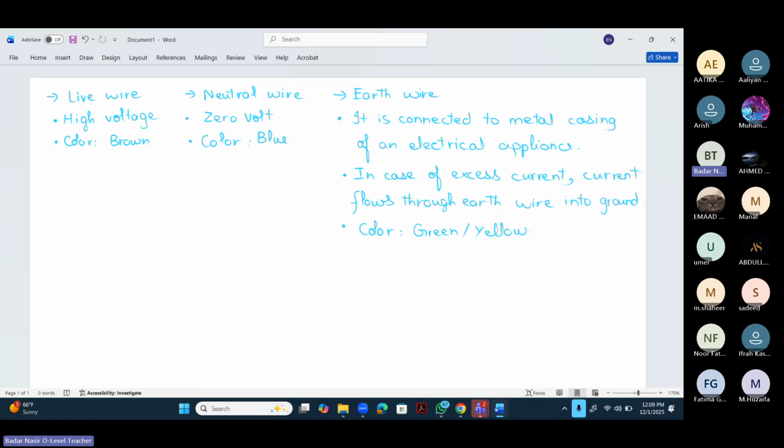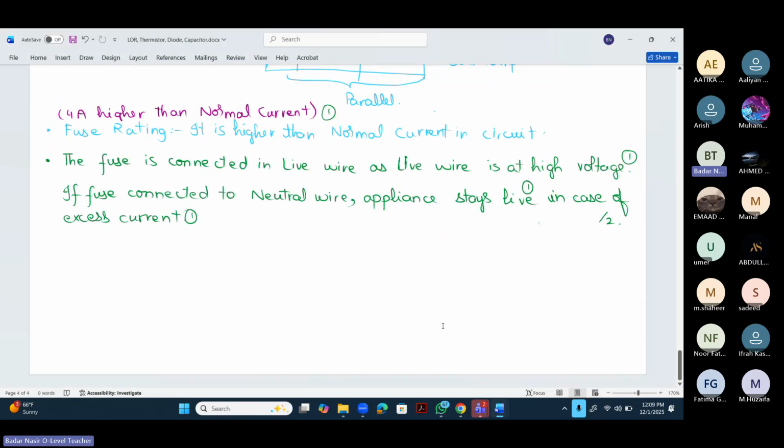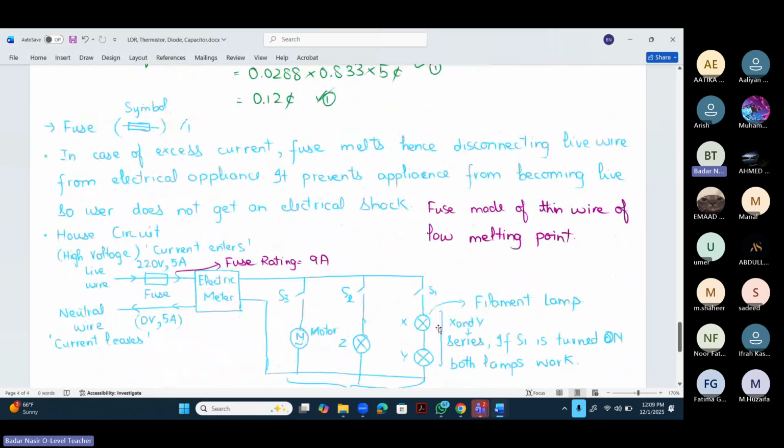Okay, so beta we just need to remember this. So we have already talked about the house circuit, live wire, neutral wire, earth wire के बारे में. ठीक है, जल्दी से हम देख लेते हैं कि what we have discussed so far.